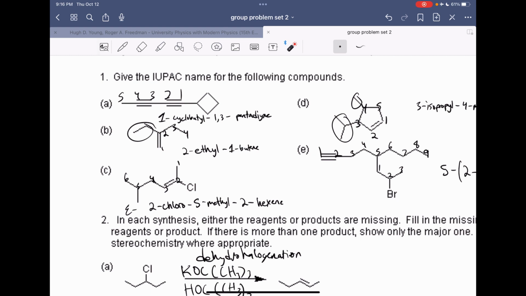So that carbon on top is going to be much bigger. So the biggest groups are on opposite sides, so in that case, they are the E variant. And if they were on the same side, it would be Z, but it's not Z.